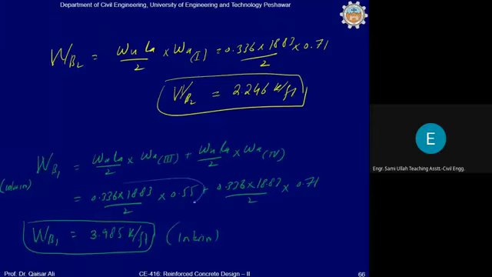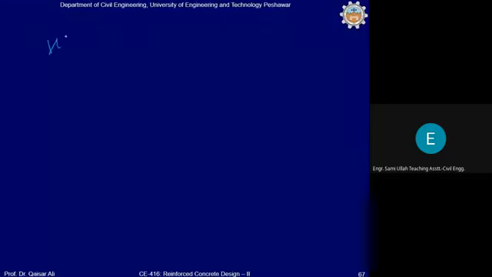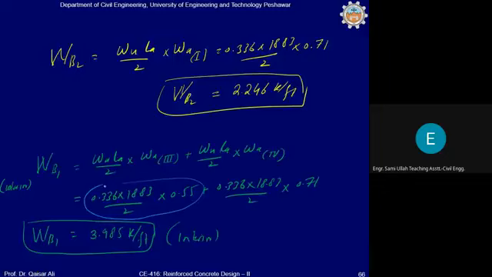So WB2 of interior panel is equal to WU into LA by 2 multiplied by WA of panel 3. We have already calculated this here. Right, let's calculate it, well done.